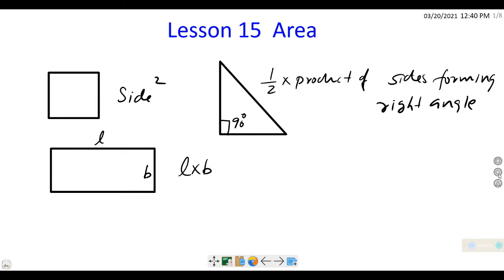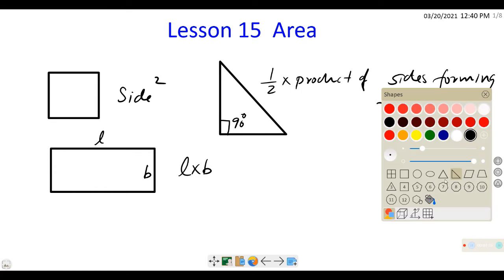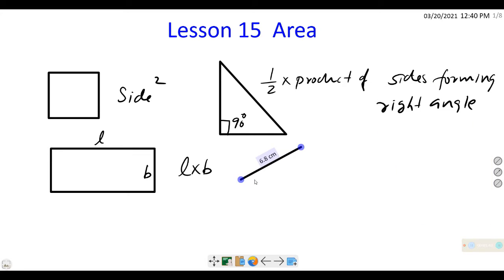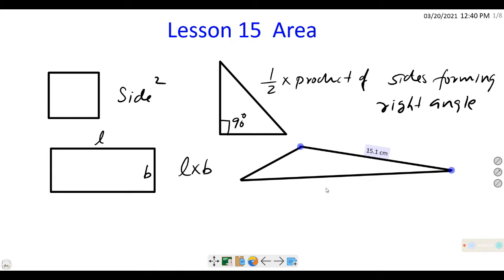Then you also studied about how to find out the area of any triangle. That means always it will not be a right angled triangle. Suppose a triangle is like this, having different dimensions or different sizes to its sides and different angles. There is no 90-degree angle.